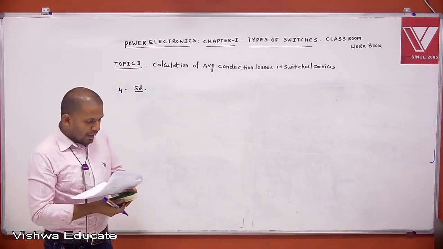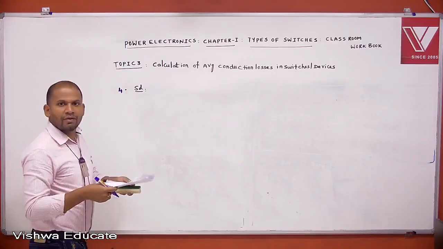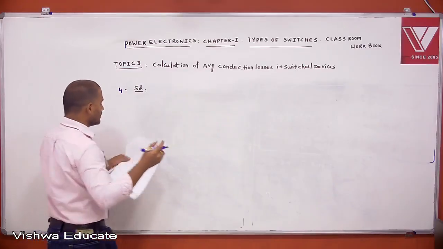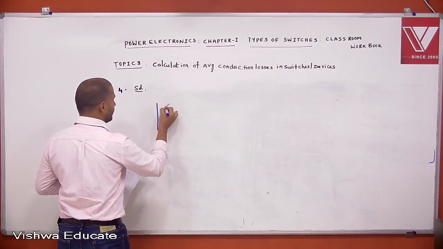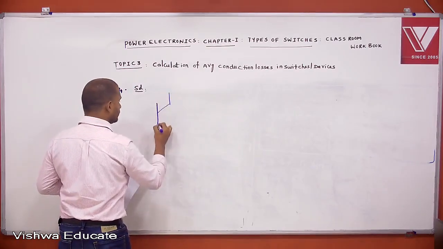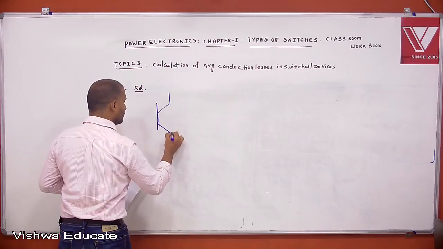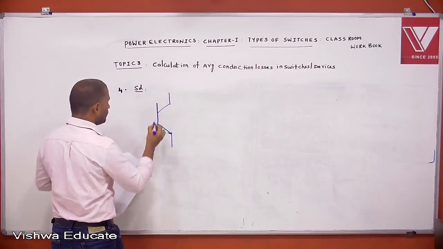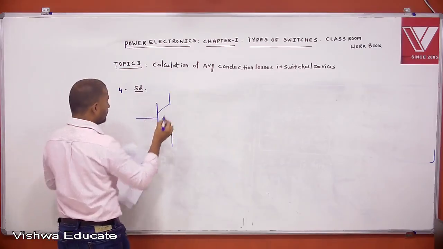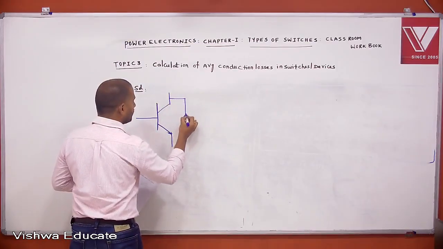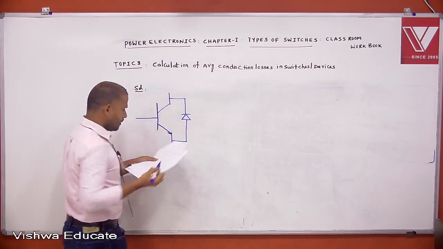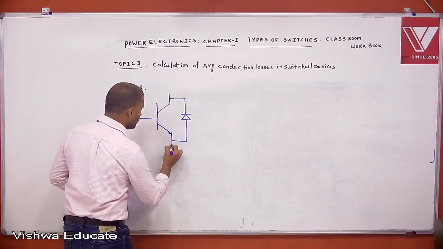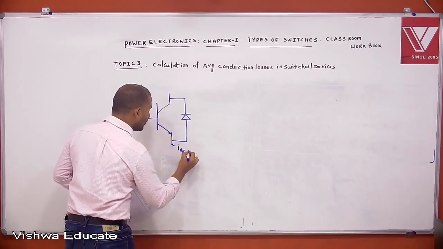Then calculate the average conduction losses in a device. This is the device, given like this. This I DC is equal to 10 ampere.